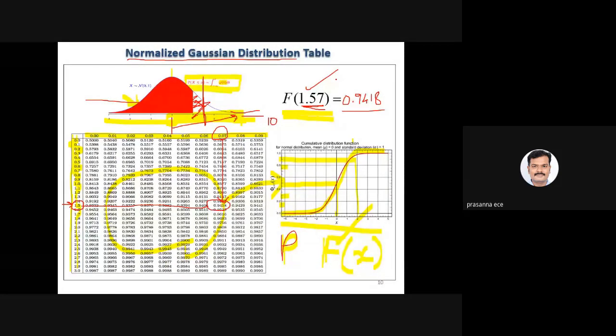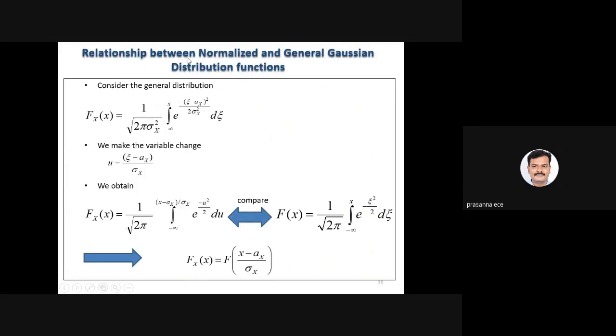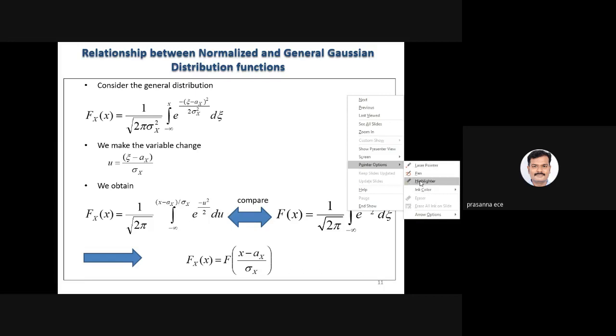So in that case, we need some method where we can use the results of the normalized Gaussian distribution to find the probability for the general Gaussian distribution. For that reason, we are going to derive a relationship between a normalized and general Gaussian distribution.